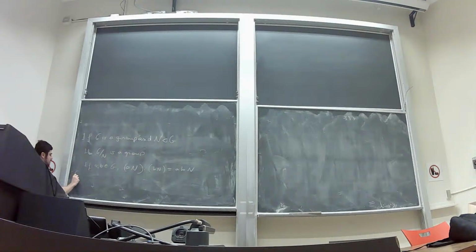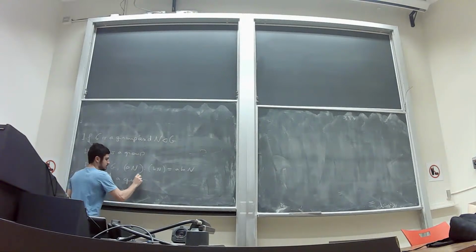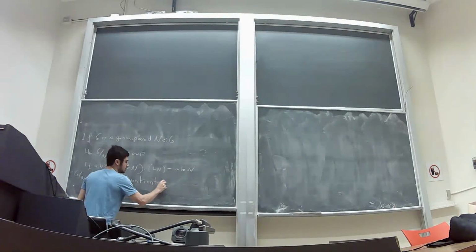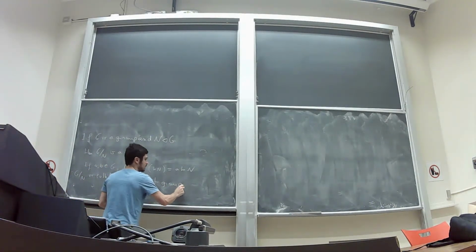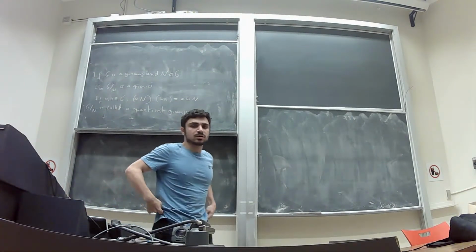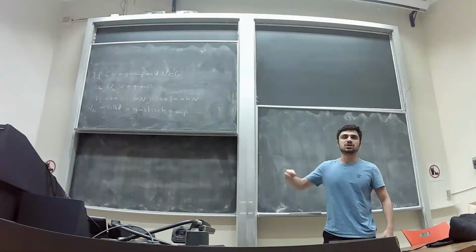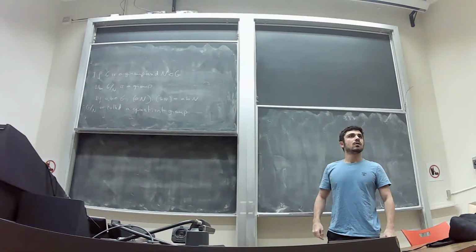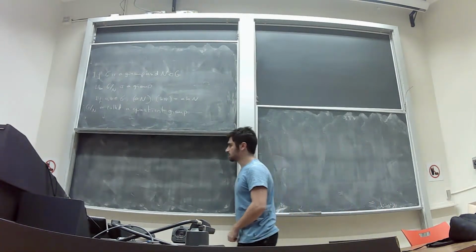The set G mod N in this case is called a quotient group, G modulo N. Great. This is just a small notation.